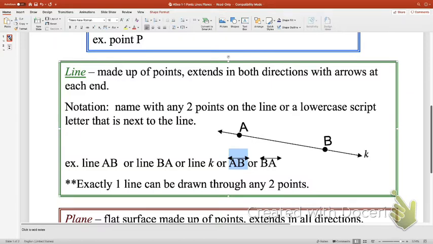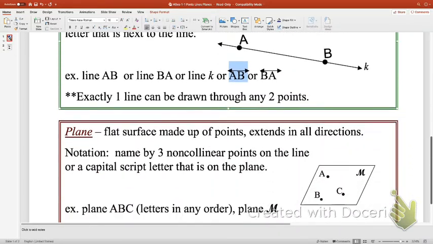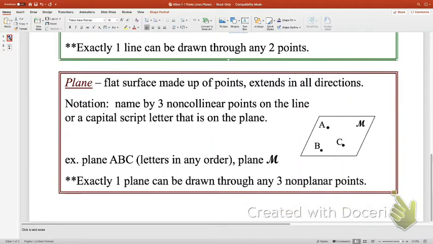A plane. Like an airplane? No. A plane is a flat surface made up of points that extends in all directions. The white screen that you are looking at right now would be considered a plane. Why? Because it's big and it's flat.